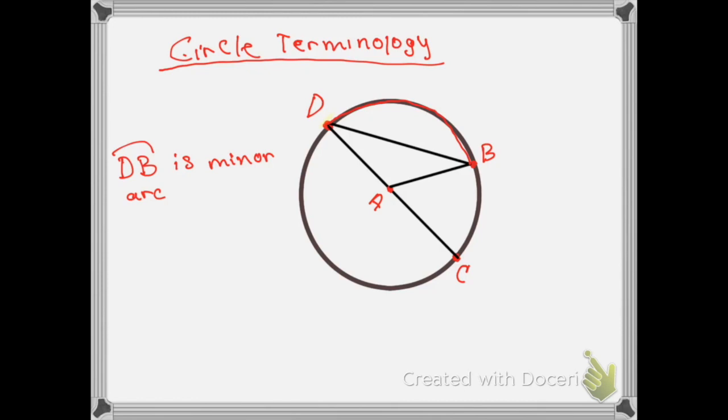So that arc would be arc D all the way C B. So we would call that arc D, the letter in the middle, C, and then B. And don't forget your symbol, okay? And this is the major arc, okay? We don't know how much they measure, but we do know that they both have to add up to 360 degrees.